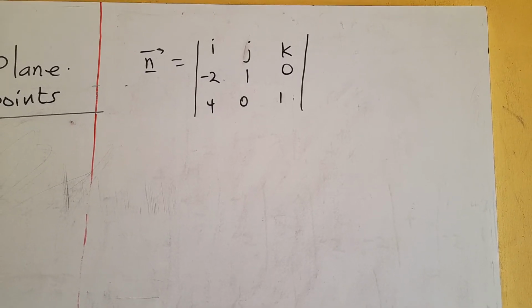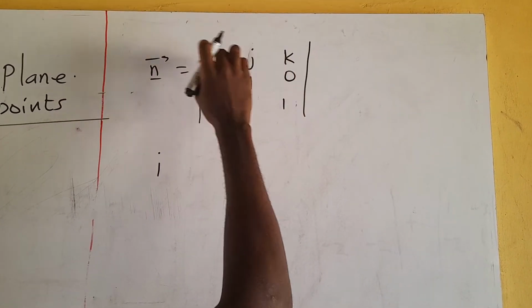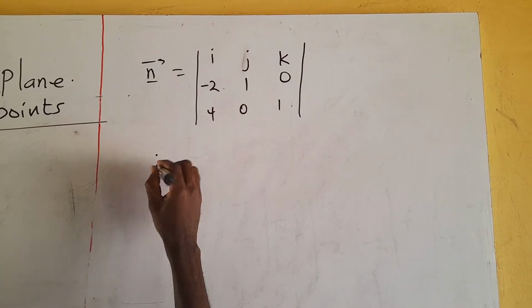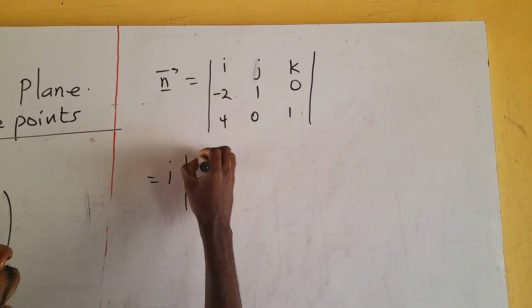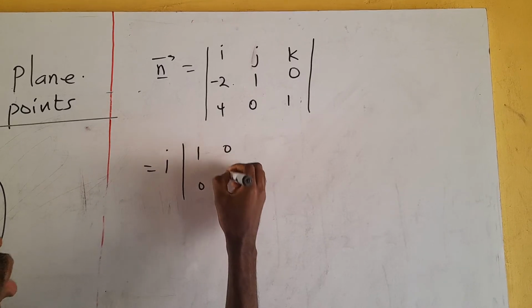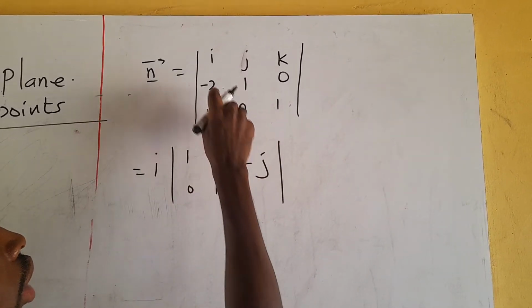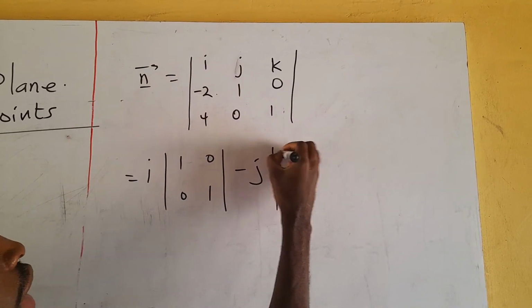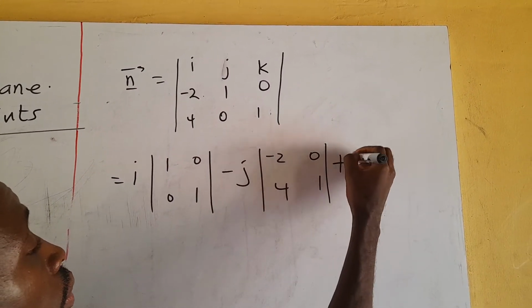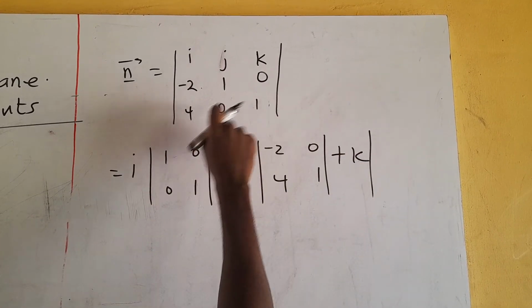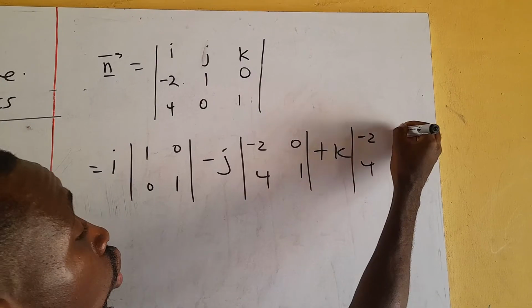So how do we solve this? I'm using the first column, so plus minus plus: i, the determinant of what is not under the i, 1, 0, 0, 1, minus j, the determinant of what is not under the j, negative 2, 0, 4, 1, plus k, the determinant of what is not under the k, negative 2, 1, 4, 0.